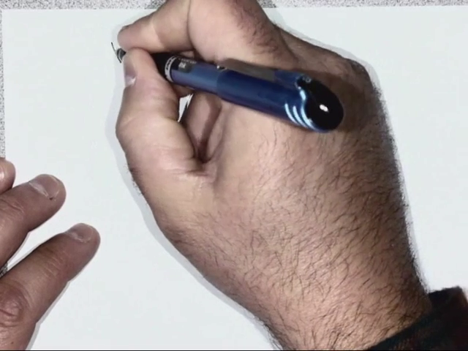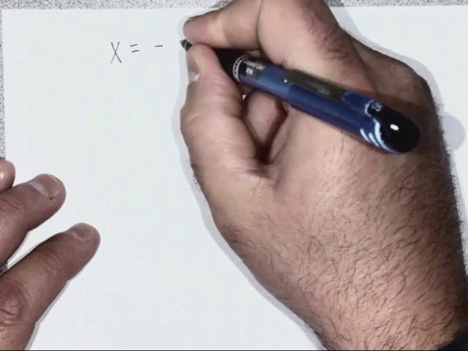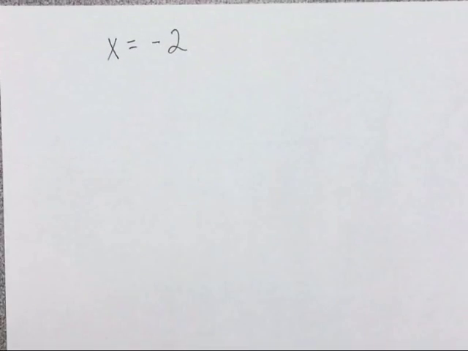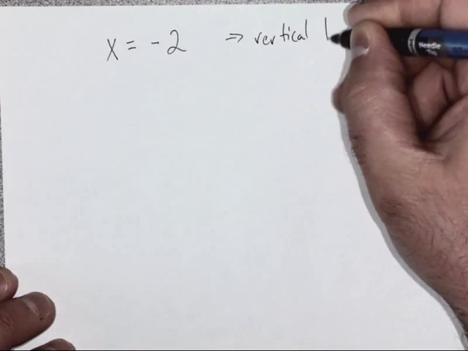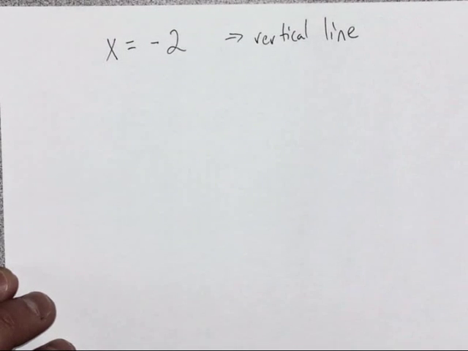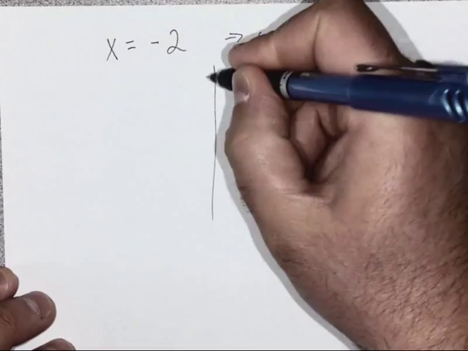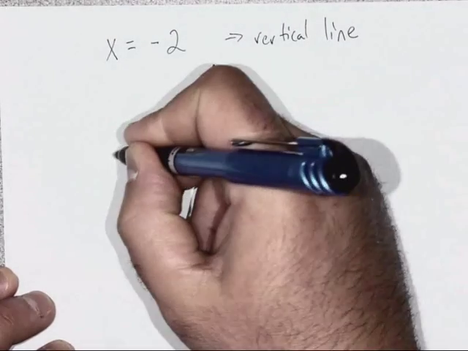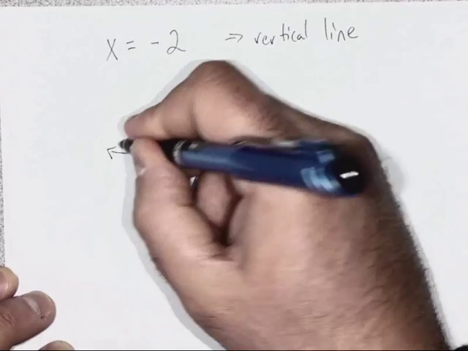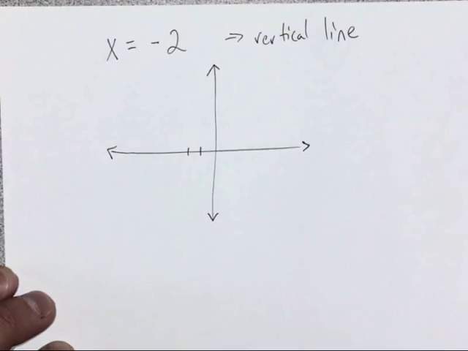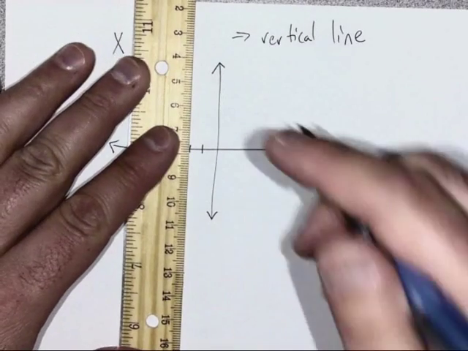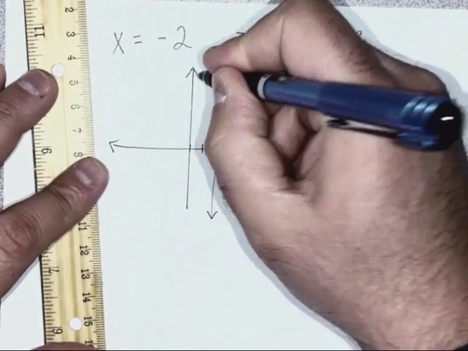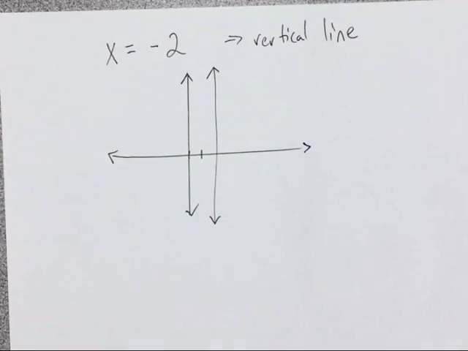So remember, if you have x equals just a constant, that's going to be a vertical line. Basically, every point on that line is going to have an x coordinate, in this case of -2. So I'm just going to do a rough sketch here of the graph. Here's -2. So that line would look like this. It would be vertical going through -2 on the x-axis.